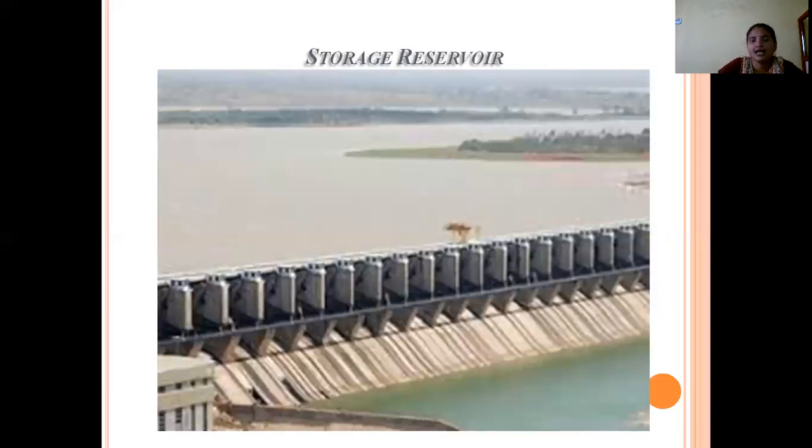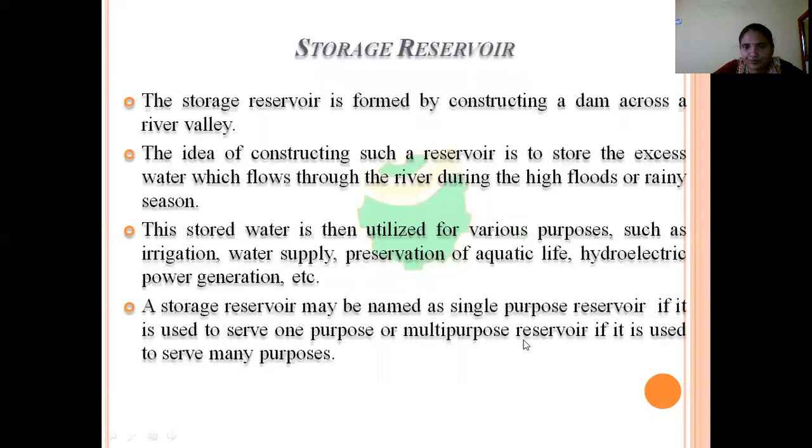So this is an example of a storage reservoir. This is the reservoir and this is the spillway gate. Next, storage reservoirs. The storage reservoir is formed by constructing a dam across a river valley. The idea of constructing such a reservoir is to store the excess water which flows through the river during high floods or the rainy season.